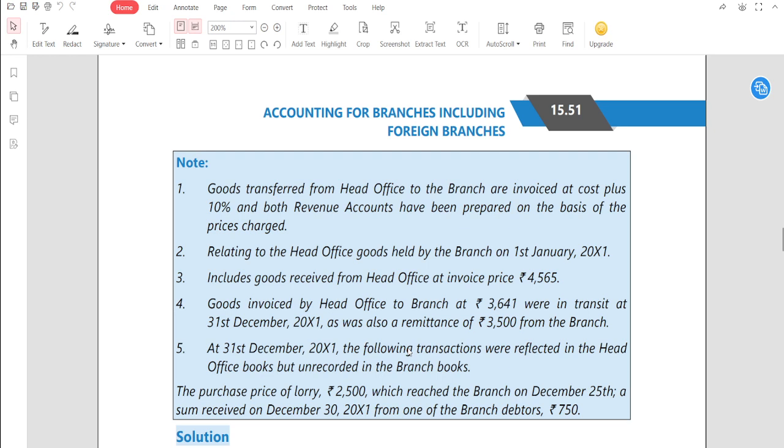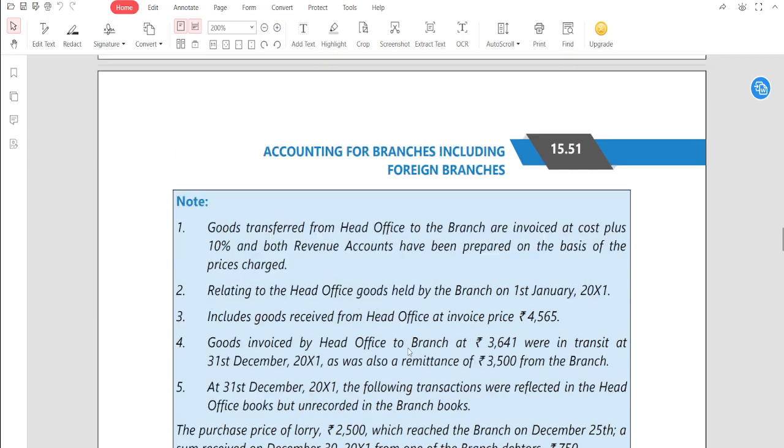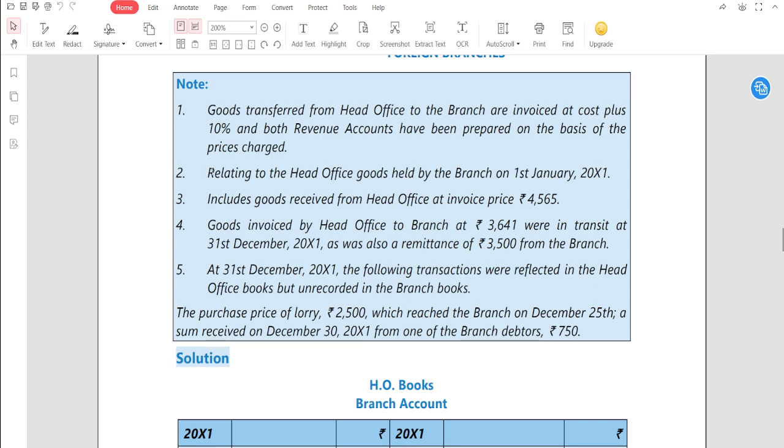So just try to focus. If goods have been transferred at 110%, it means the goods include profit. The goods include profit of how much? 10% on cost. So see, relating to the HO, goods held by the branch on 1st Jan include goods received from HO at an invoice price of 4565.